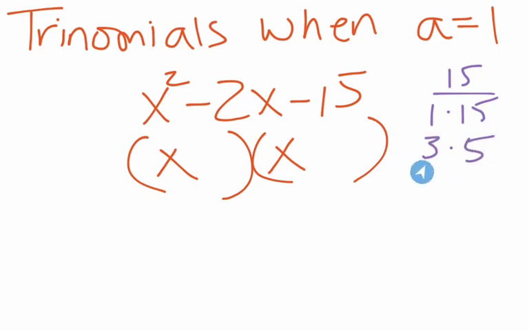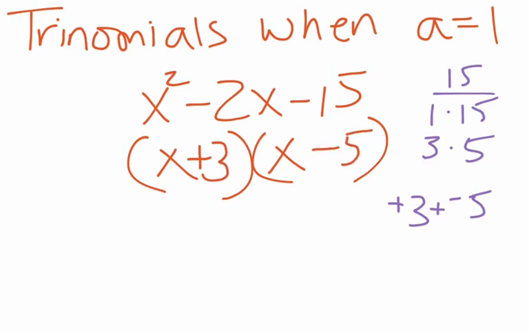And 3 and 5, that I can get a negative 2 out of if I do a positive 3 and a negative 5. Positive 3 plus negative 5 would give me negative 2. And positive 3 times negative 5 would give me negative 15. And so I'd have plus 3 minus 5. And the 2 factors are x plus 3 and x minus 5. So you have a factor of x plus 3 and a factor of x minus 5.